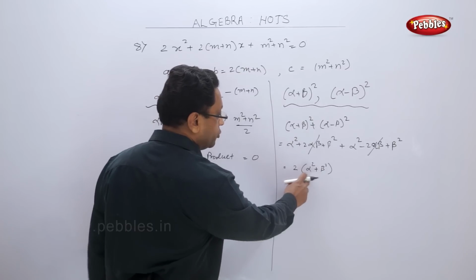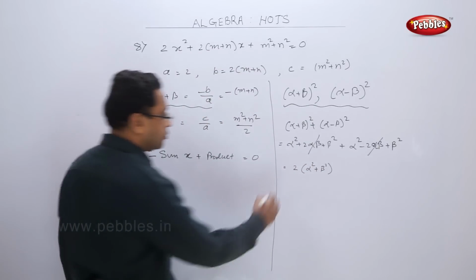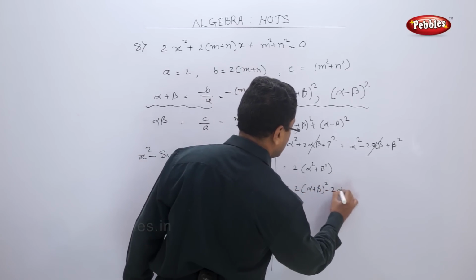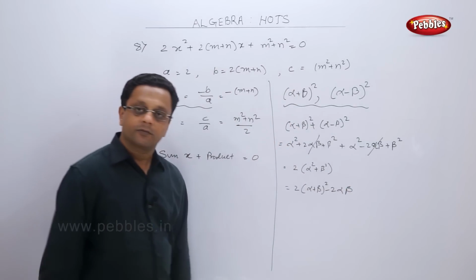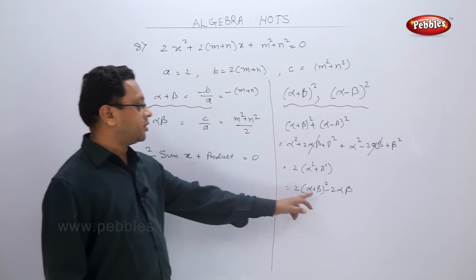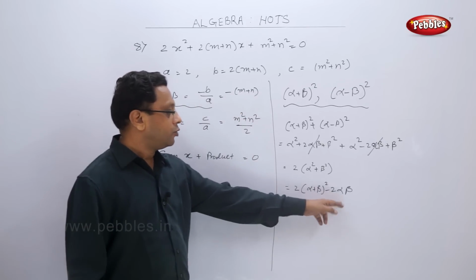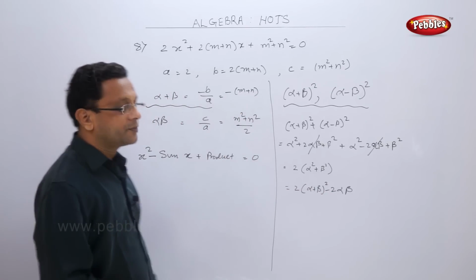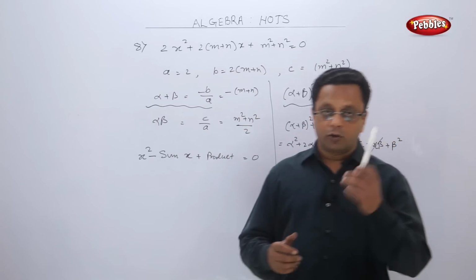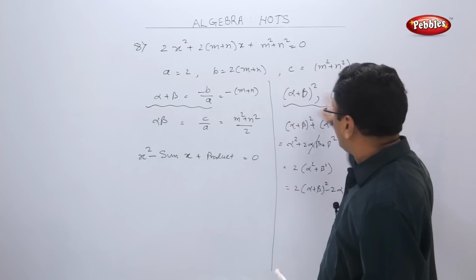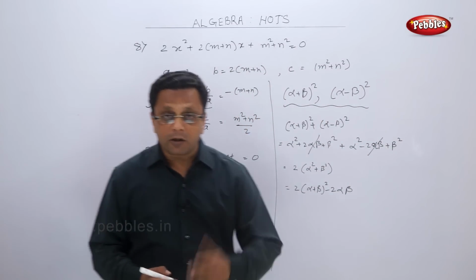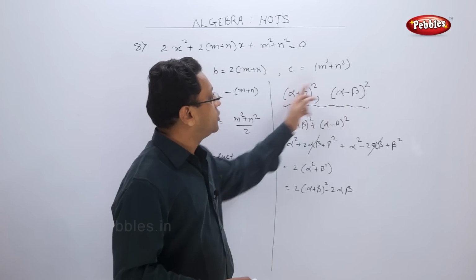We know that you cannot find the value of this directly. So what should we have? 2(alpha + beta)² − 2 alpha beta. Right? Now in this case, you know what alpha plus beta is, minus (m + n). You know what alpha beta is, this. Right? So now you have got the sum of the roots. Similarly, you can find the product of the roots, that is, the multiplication of these two.